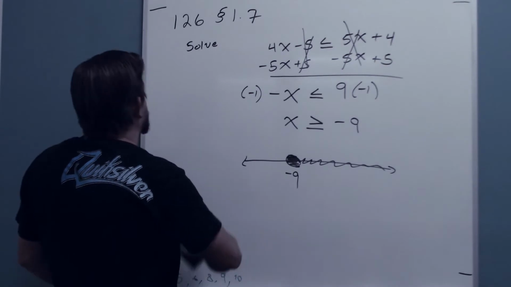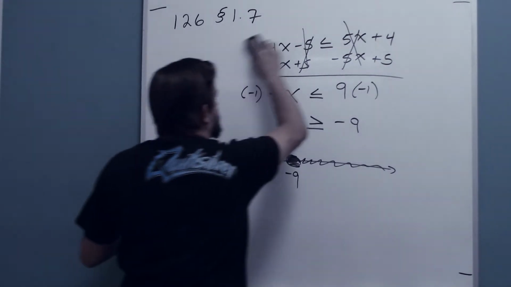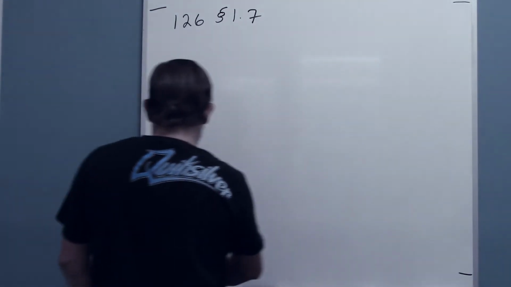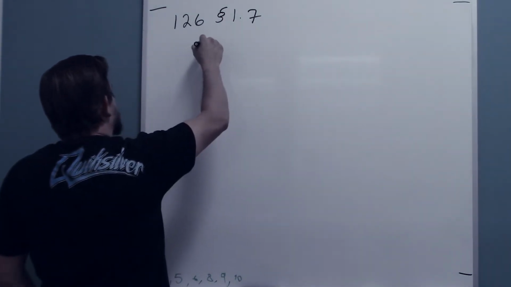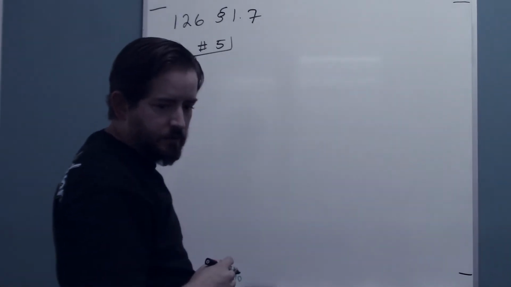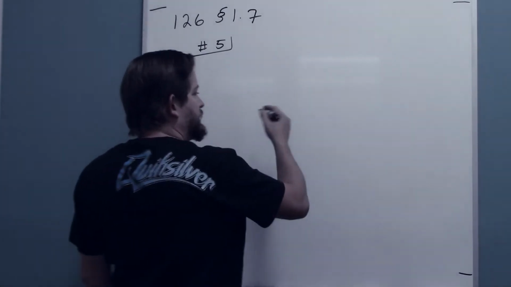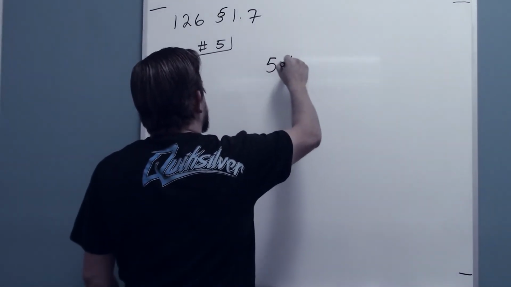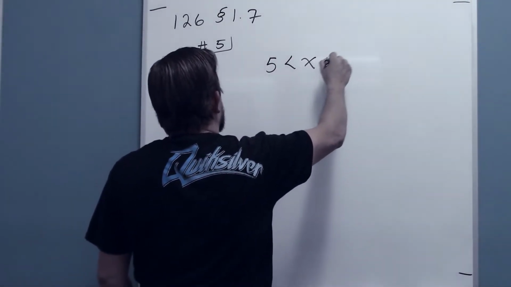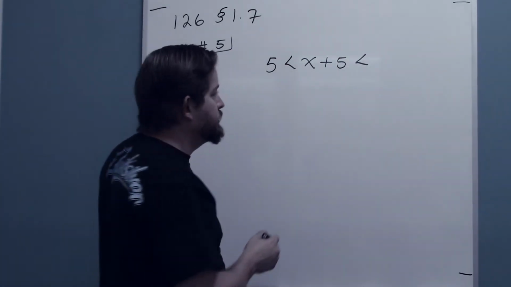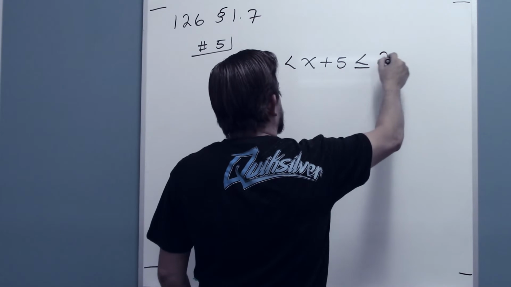Let's look at number 5. 5 says solve the linear inequality, and I have a tripartite here. So I have 5 is less than x plus 5, which is in turn less than or equal to 20.